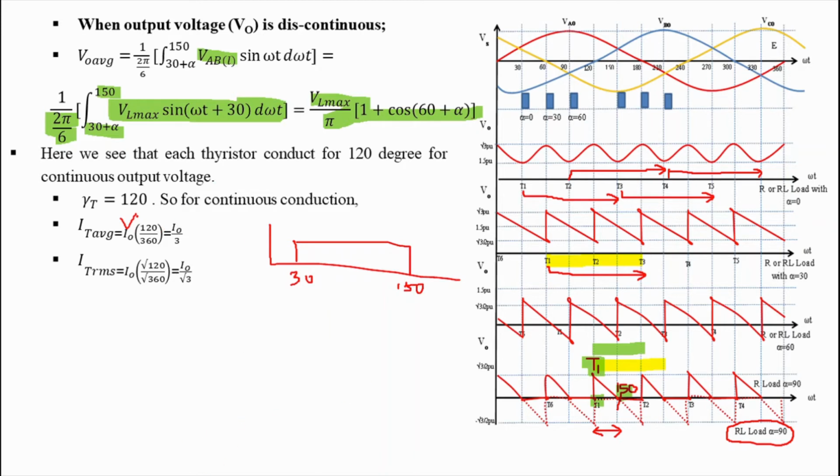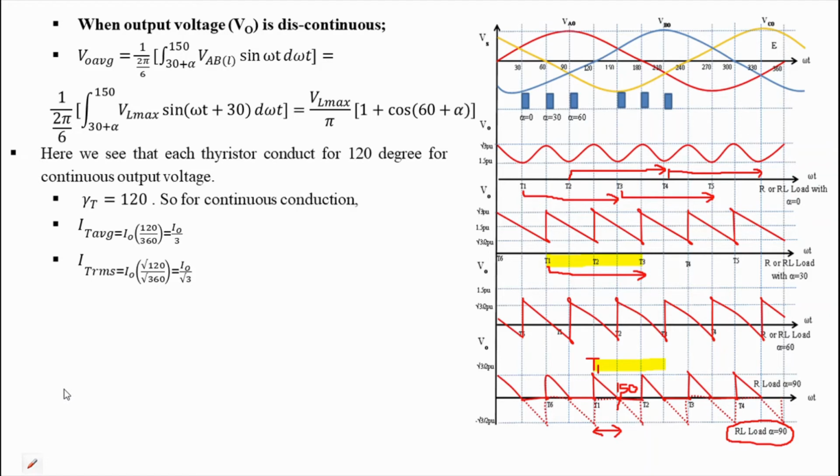So we can directly write IT average equals conduction angle, that is 120 degree upon total time period, that is 360 degree, into maximum value of output current. So on solving this we get I naught by 3 average current. Now if we have to write the RMS value of thyristor current, then how we can write?